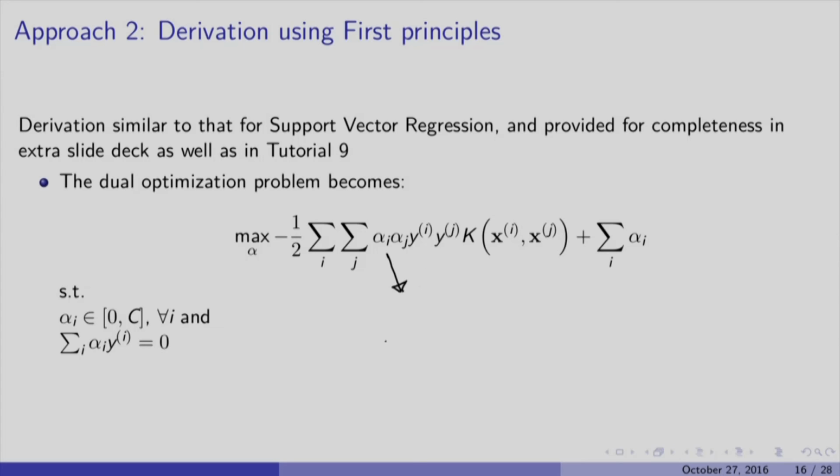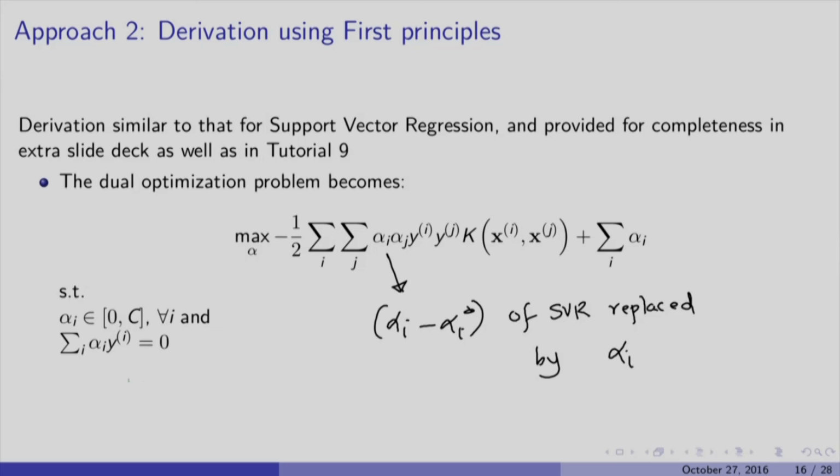What we have here instead is just one alpha_i for each point, and pretty much all the constraints and equations are the same, but we have alpha_i minus alpha_i star replaced by just alpha_i. Likewise for alpha_j.